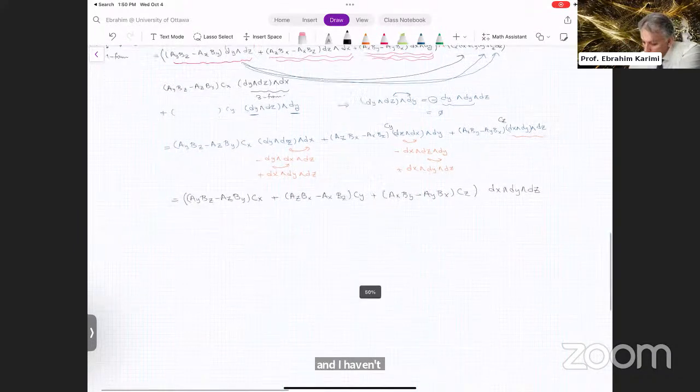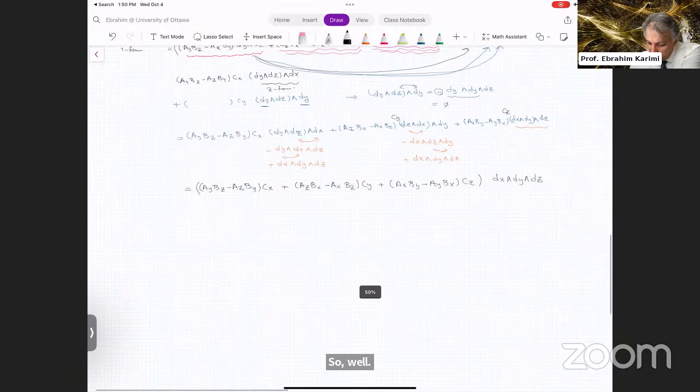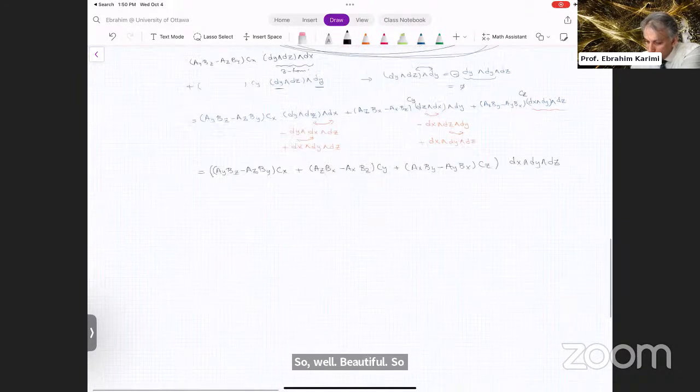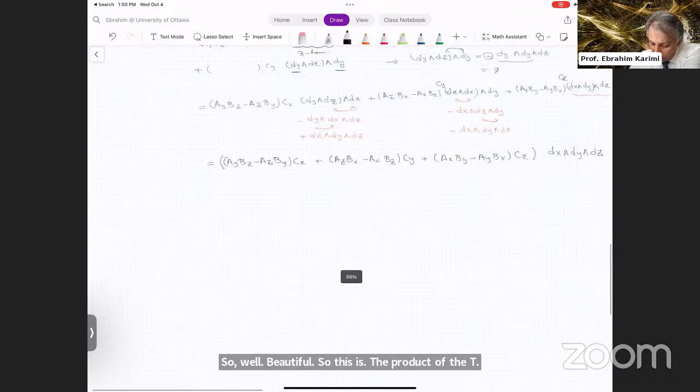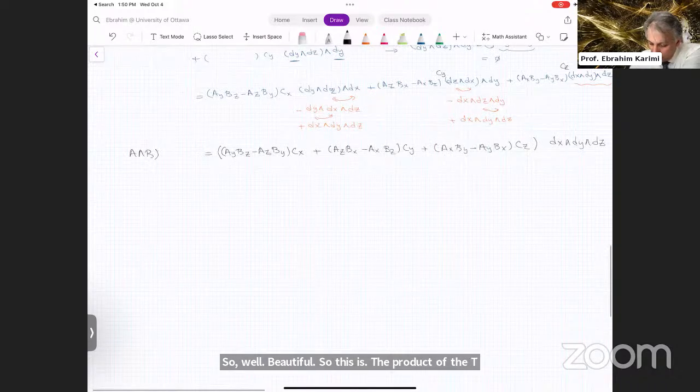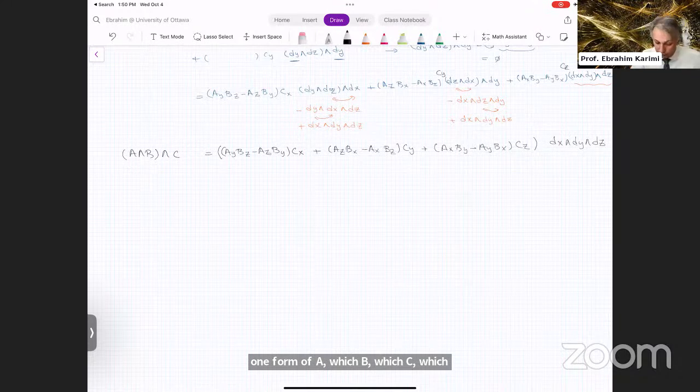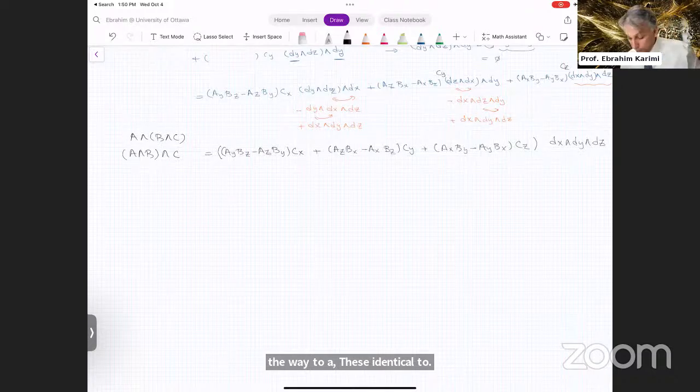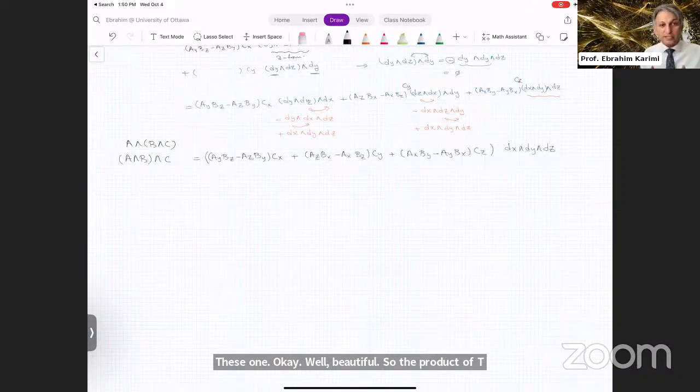So, well, beautiful. So this is the product of the 1-forms A wedge B wedge C, which is identical, by the way, to this one. Well, beautiful. So the product of the three 1-forms will be the 3-form.